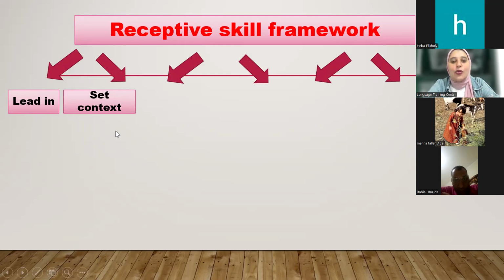Okay, great. And what's the difference between both, lead in and set context? Lead in is more general than set context, and set context is mainly related to the text. Good job. So what's after that?